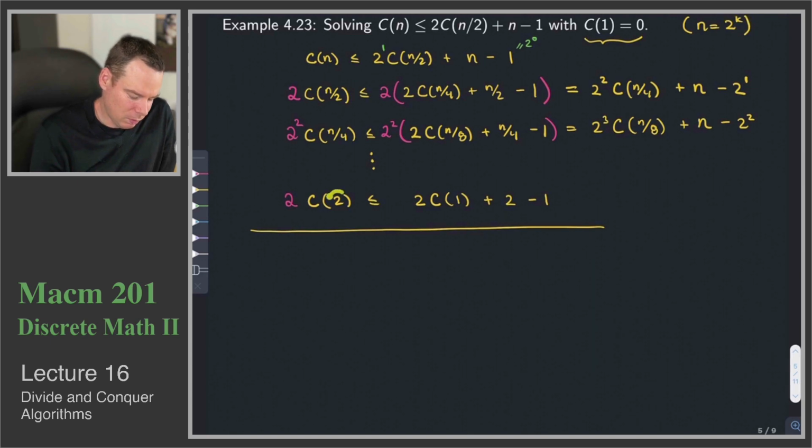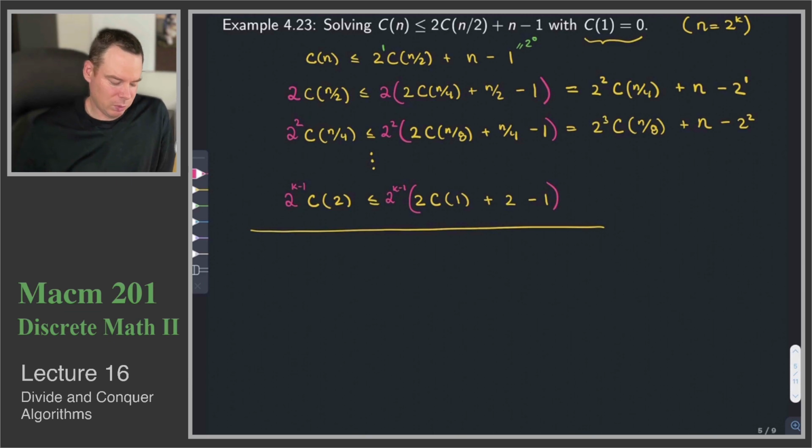So I could think of 2 as 2 to the k divided by 2 to the k minus 1. So this is really a 2 to the k minus 1. And then what's sitting out here is just 1 more than that, so that's a 2 to the k. We put a 2 to the k minus 1 out in front, so really that's what happened here.